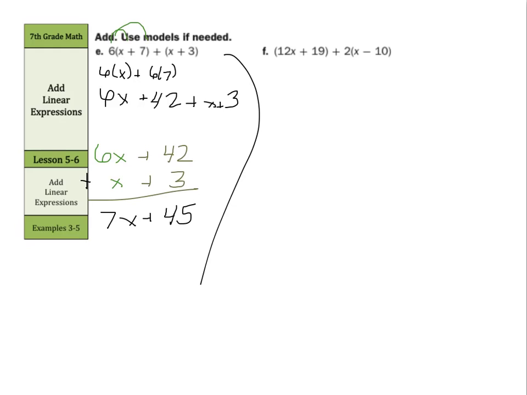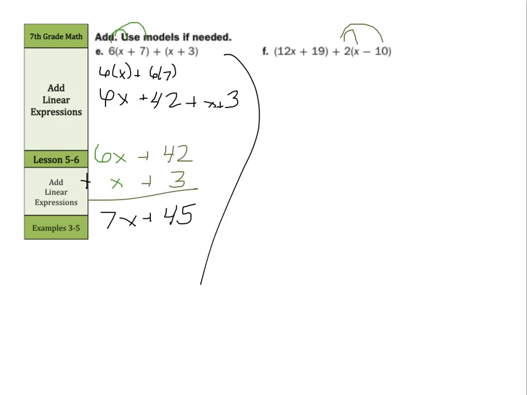What about f? Well, we have 12x plus 19, but then we have plus the quantity 2 times x minus 10. So we do need to distribute here with our 2 to the x and the negative 10.